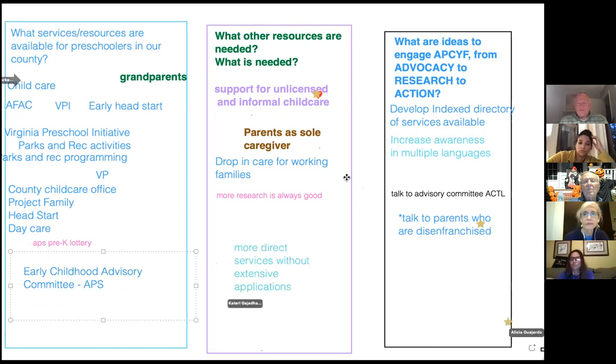I have a question, and I apologize if I do not know this answer. With the Early Childhood Advisory Committee, is there a liaison for each specific early childhood program in each school, or no? I don't know. I've never been on that committee. I don't know. We'd have to learn more. I just didn't want to leave something out where there was a possible resource.